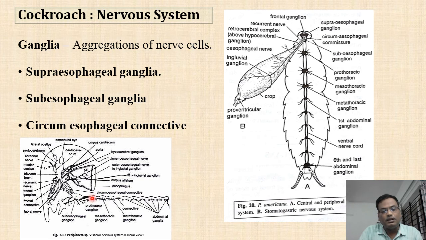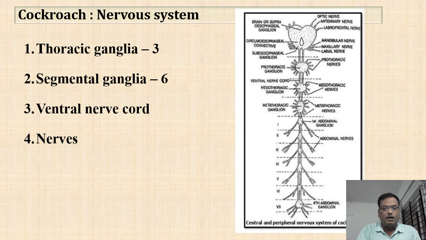So this is the nerve cord, and here starts the ganglia, I mean the segmental ganglia like thoracic ganglia, etc. So it starts in the head region and then it continues in the ventral part of the body. So how many ganglia are there? We already studied. In the thoracic region, we find 3 ganglia. Here they are represented.